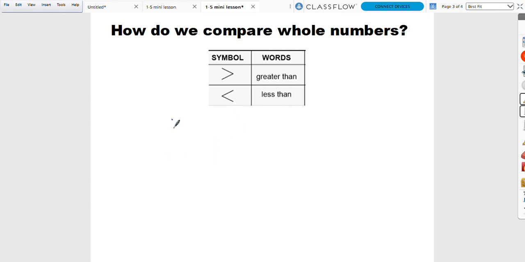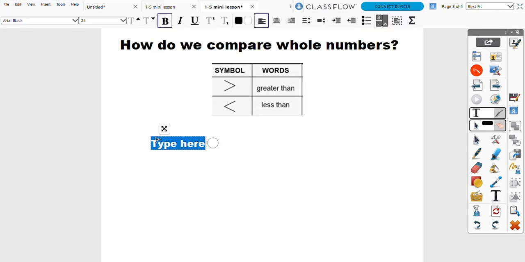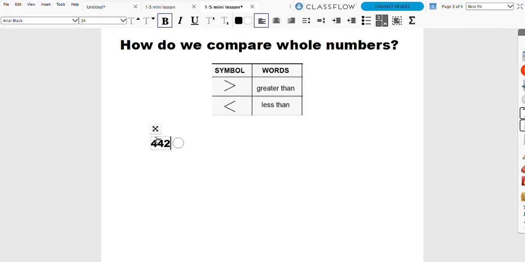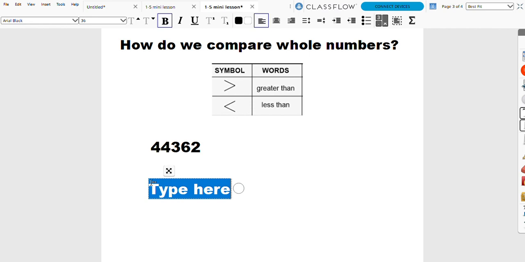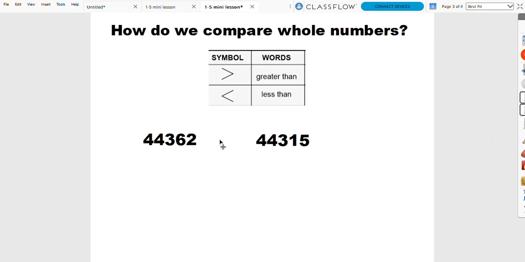If you had a number like 44,362 and you're comparing it with the number 44,315, they like to put these right next door to each other and then ask you for the alligator symbol, the greater than or less than symbol.